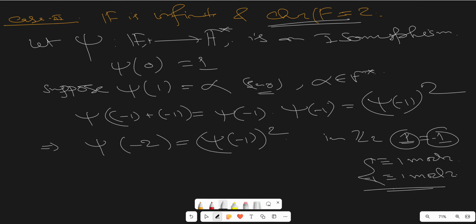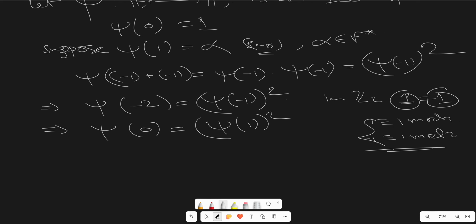In characteristic 2, 1 and -1 are the same. And -2 means 0 in characteristic 2, and here -1 is the same as 1, so I have 1 third square. What is that?